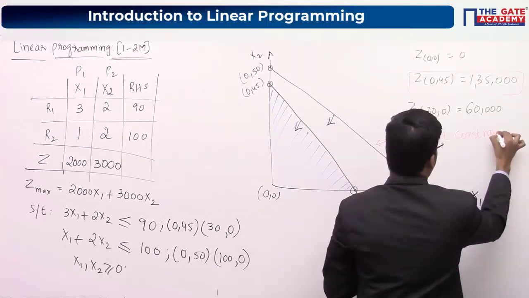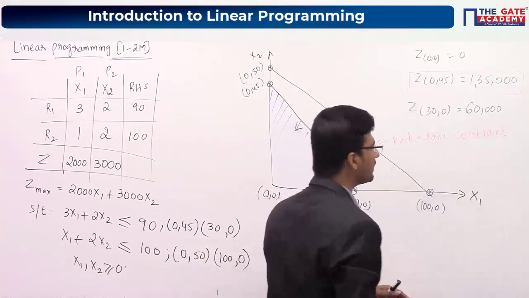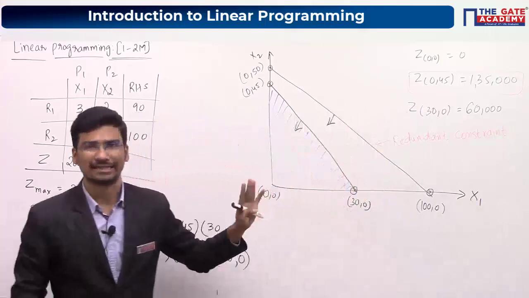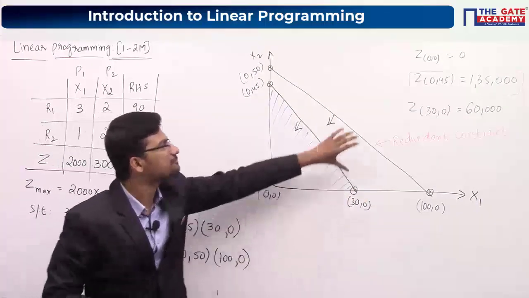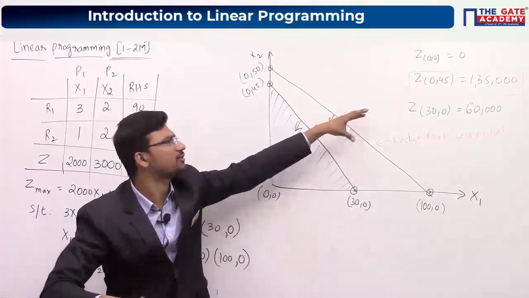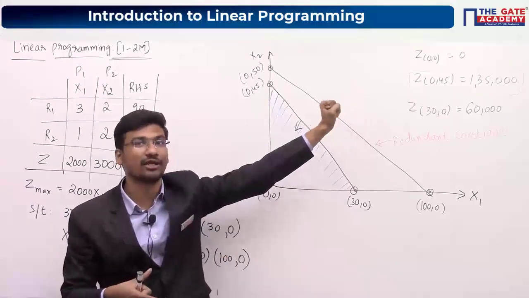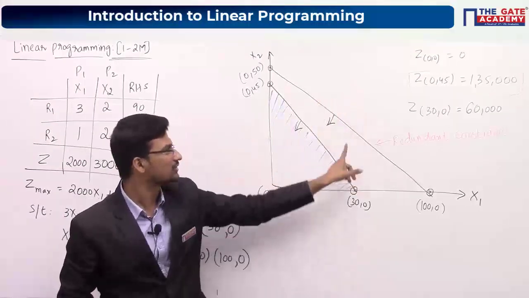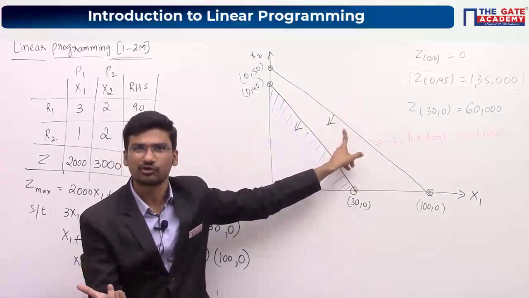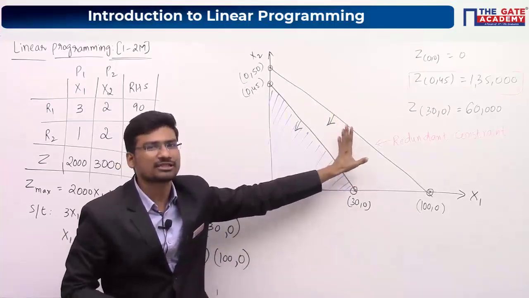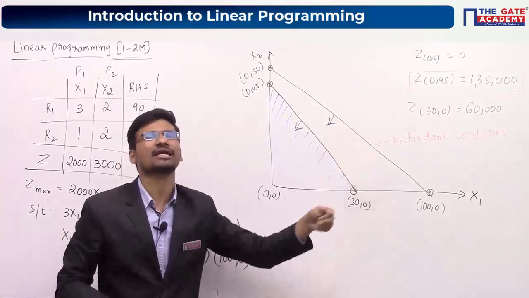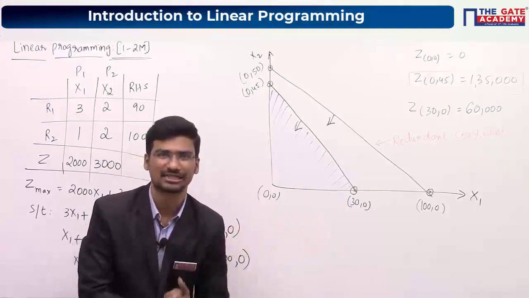The presence of this constraint doesn't matter. Even if it is present or absent, your feasible region and objective function value will never change. So these are useless constraints, not required. We call them redundant constraints, extra constraints, or useless constraints.